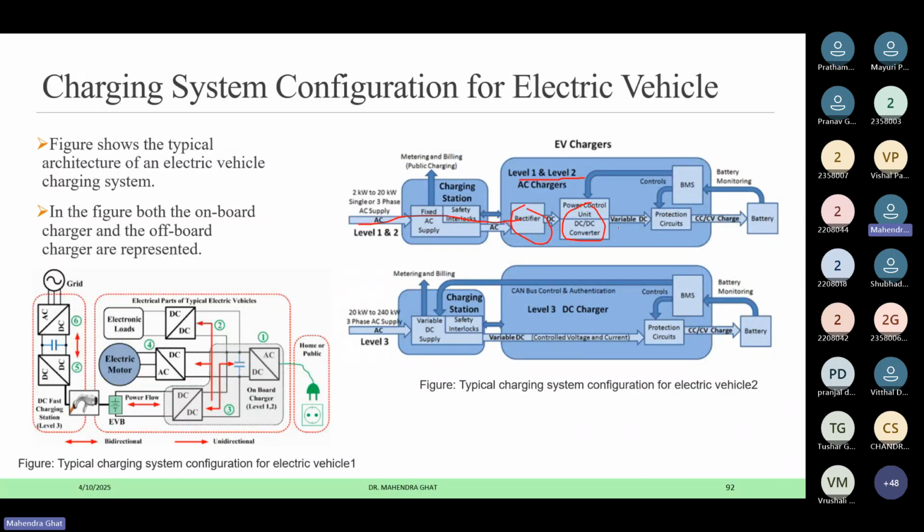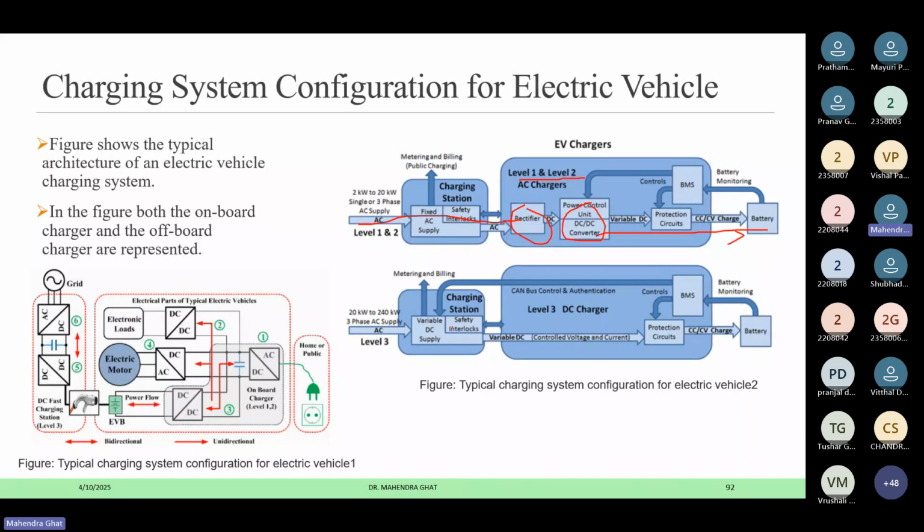That will be done by using the DC-DC converter. In most cases it will be an isolated DC-DC converter. Okay, so that will charge the battery. So this is the onboard charger.